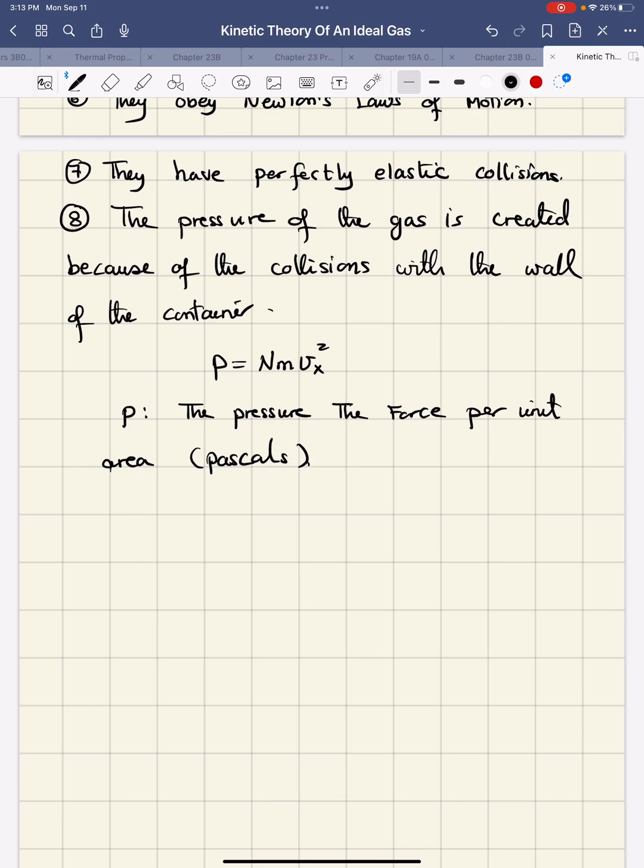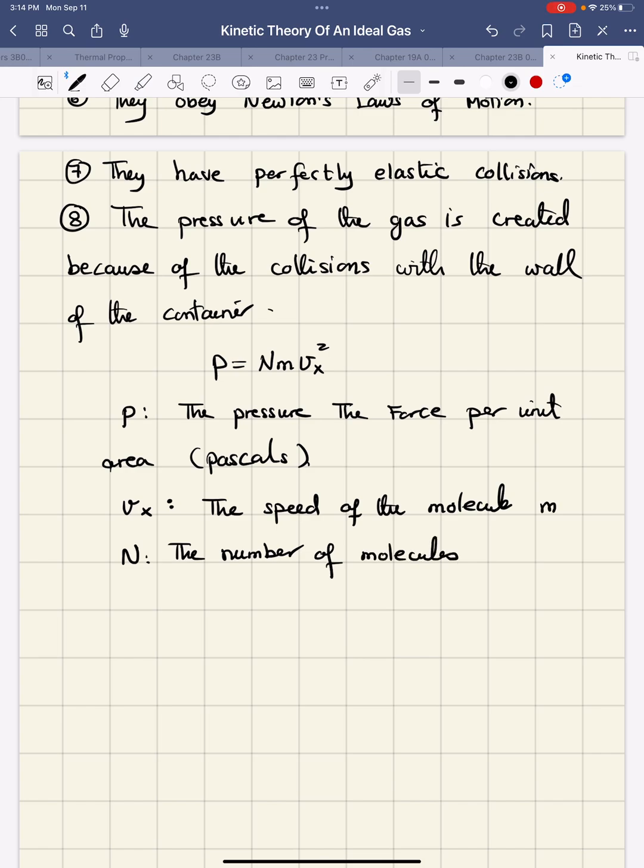Now, Vx here is the speed of the molecule, and of course this is meters per second.